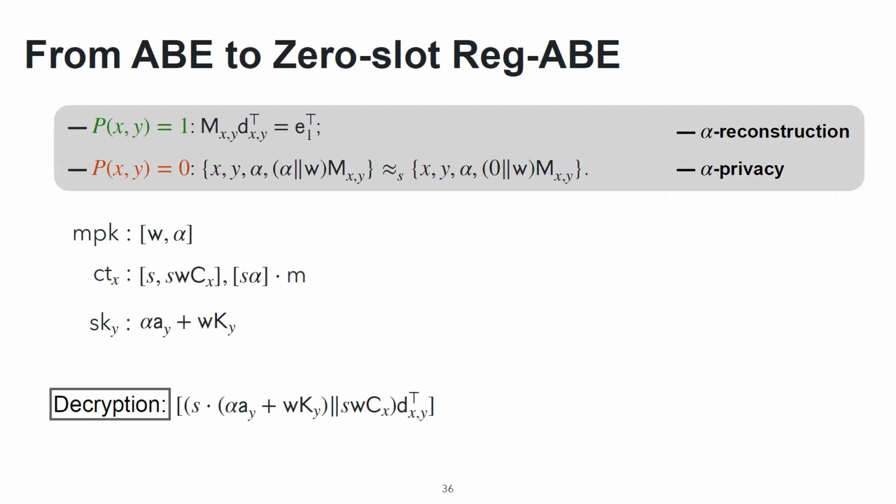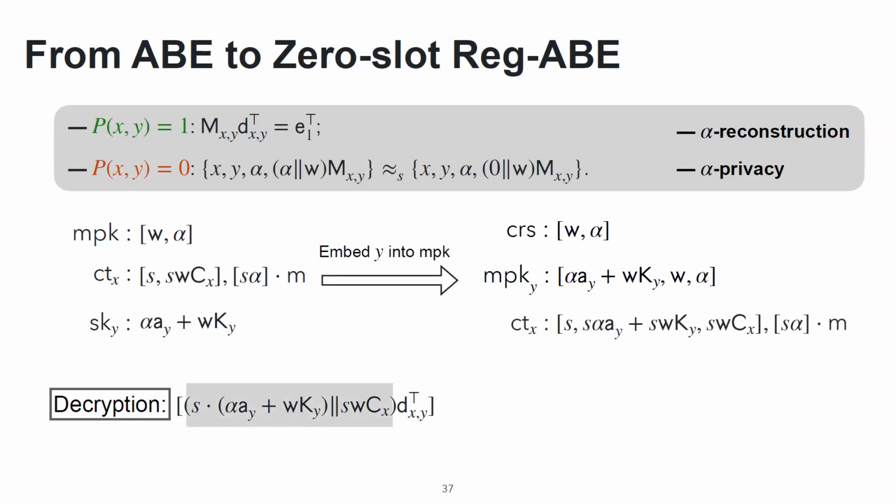Starting from the standard ABE, we now move to the zero-slot registry ABE, where no user will register at all. The highlighted part in the decryption equation tells us that we can embody Y into the master public key, and so into the ciphertext.